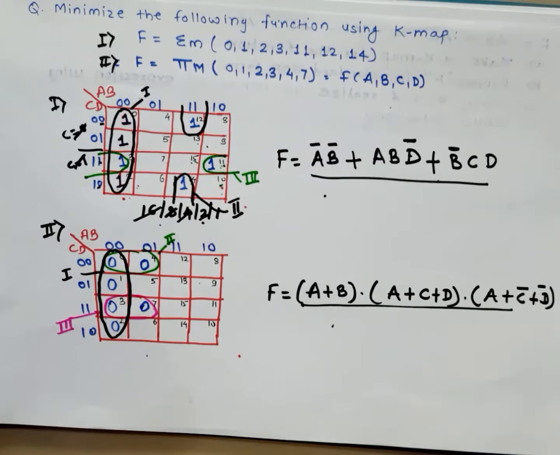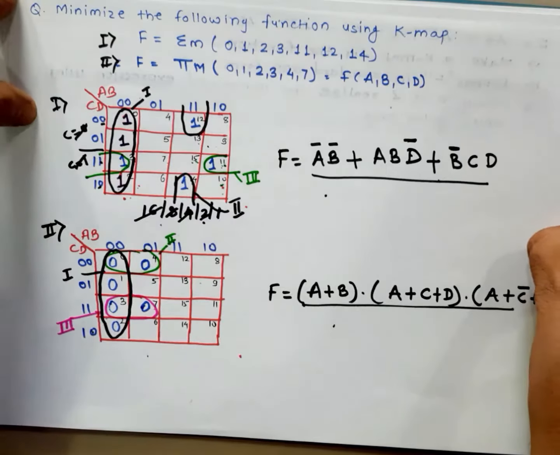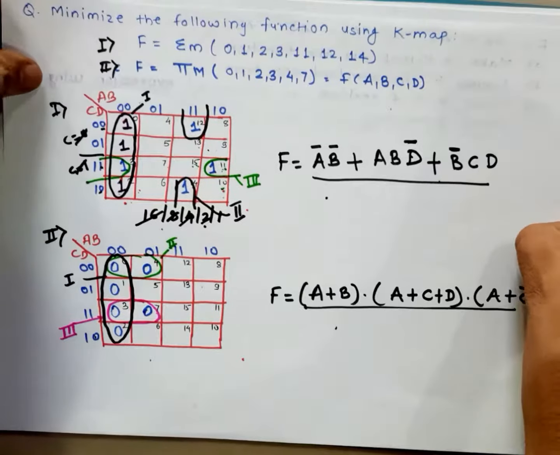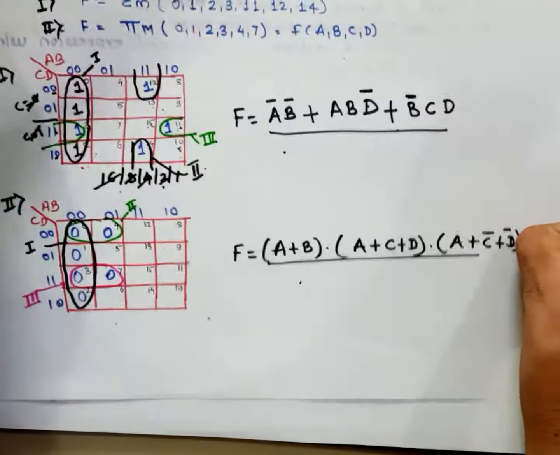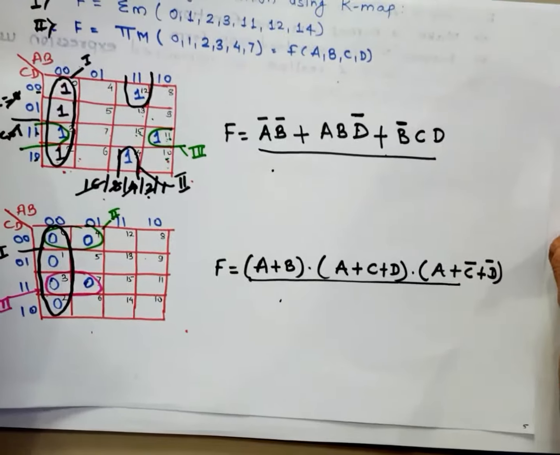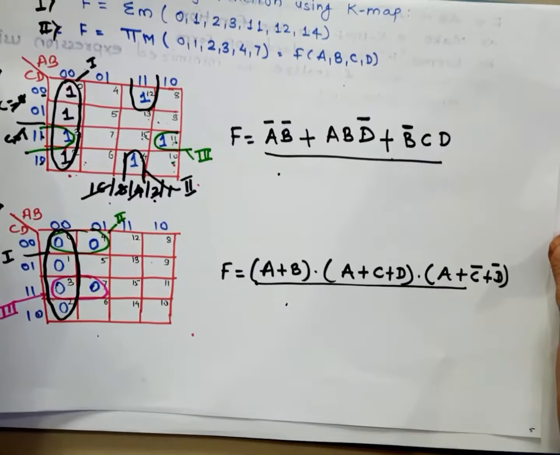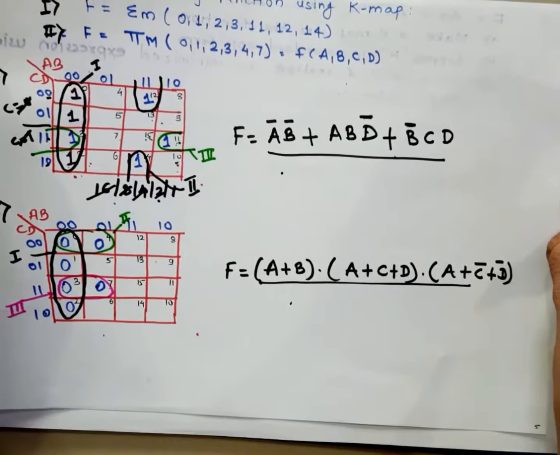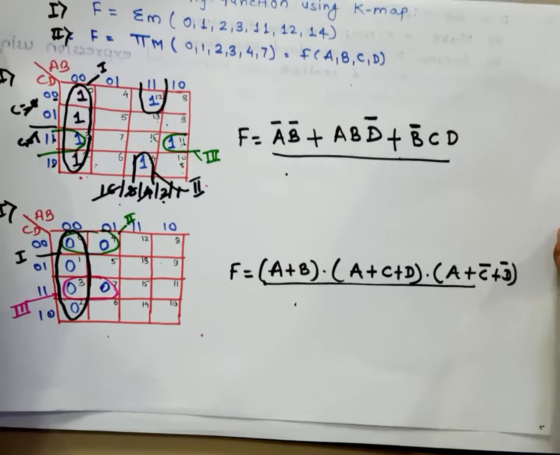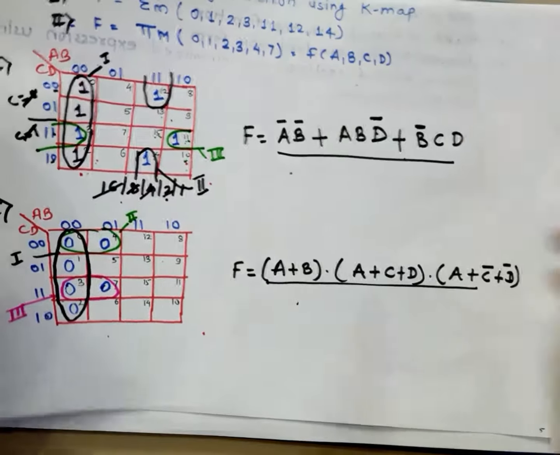Now these are regular K-map equations, where the min terms or the max terms are already given to us in the problem statement. But if they are not given directly, then how can we design the K-map, how can we map the min terms or max terms in a K-map? For that purpose we will see the next example.